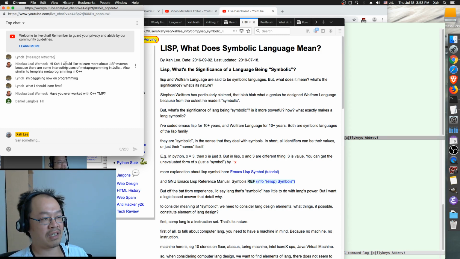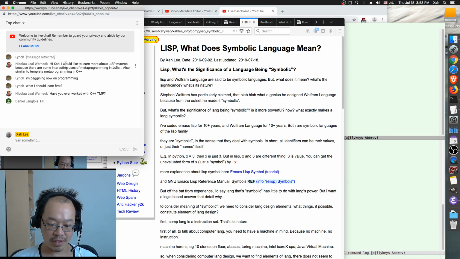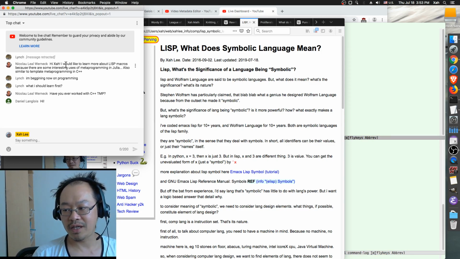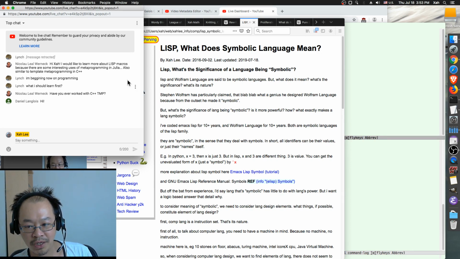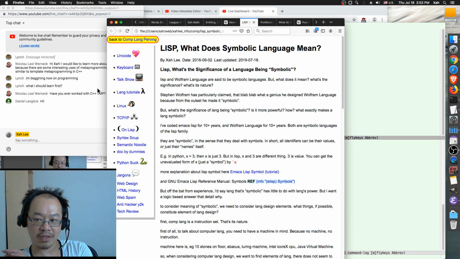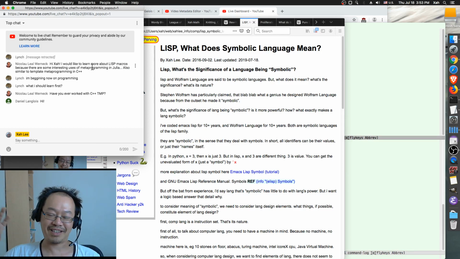C++ has these templates. I don't really know C++, and I don't know Julia either. In pursuit of the question about symbolic programming, it would be nice to know. So it's something to look into.